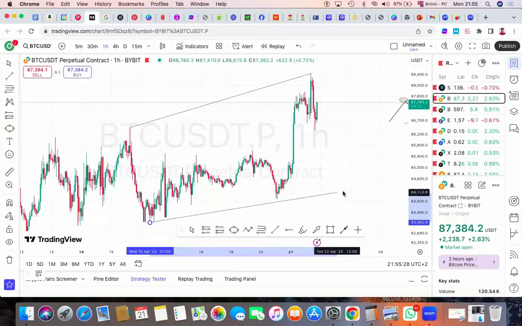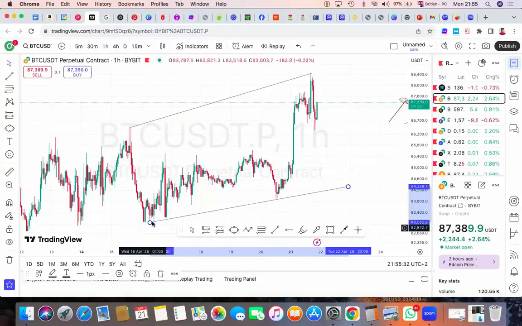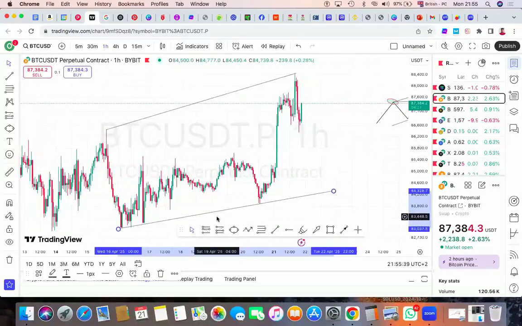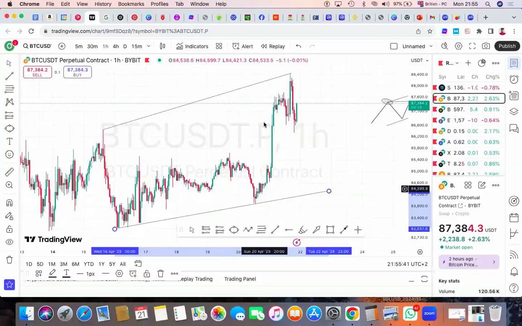You can see that it has some multiple touches, and price was supporting and it was resisting as well. So something happened here.